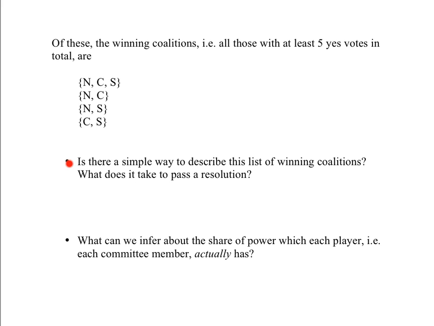Okay, well, as for a verbal description of what it takes to pass a resolution, either you could have everyone voting yes, or you can have 2 committee members voting yes, and here's the real point. Any 2 committee members will do. It doesn't matter which 2. Any 2 committee members, or all of them, have enough yes votes to pass a resolution.